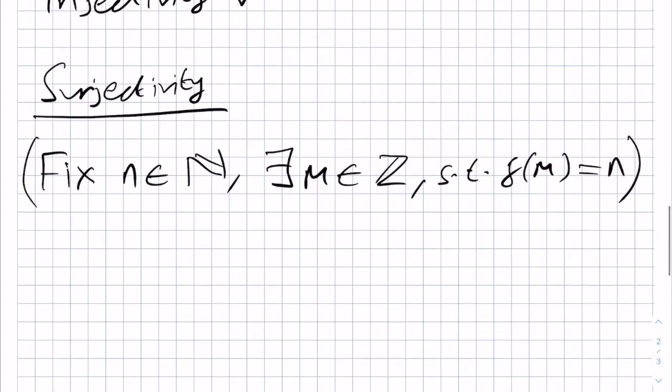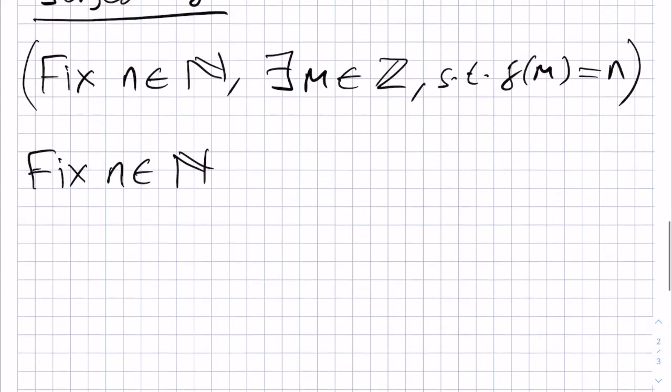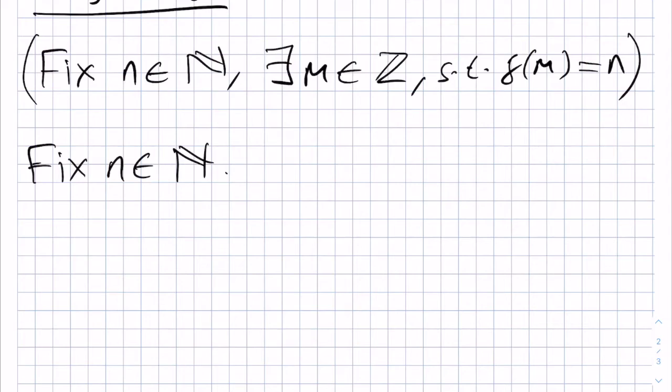So let's say again we fix a particular natural number n, then there are two cases on how to proceed, dependent on whether n is odd or even. Firstly, let's take the first case in which n is even.